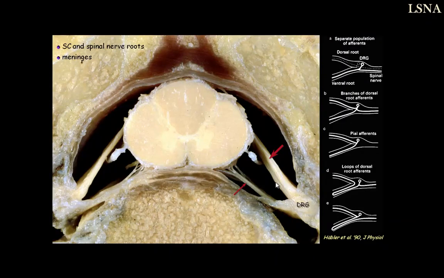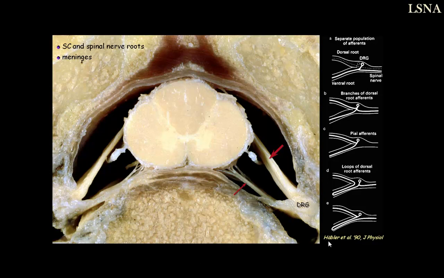The most important structures lying within the vertebral canal are the spinal cord, the spinal nerve roots, and the meninges. As shown in this anatomical preparation, two spinal roots emerge from each side of the spinal cord, a ventral, smaller motor root, and a dorsal, thicker sensory root.